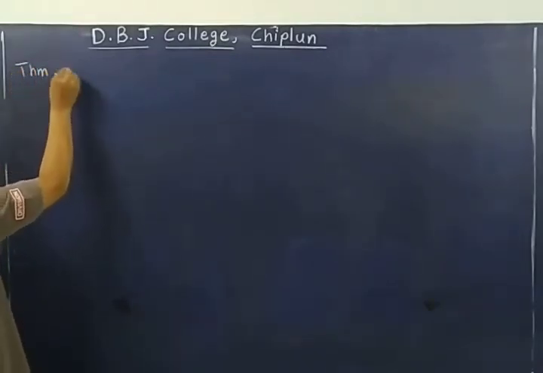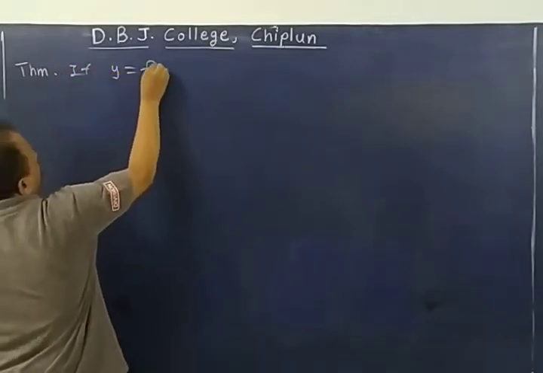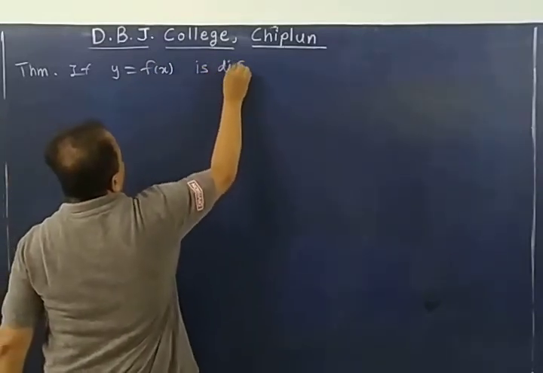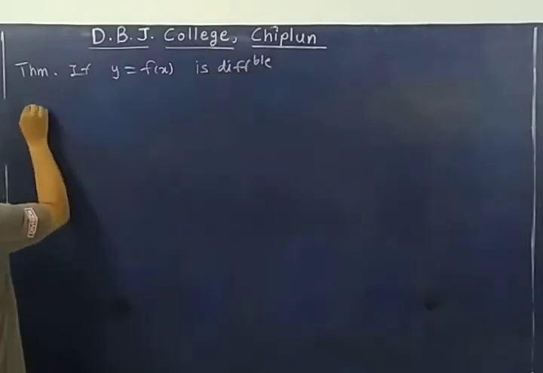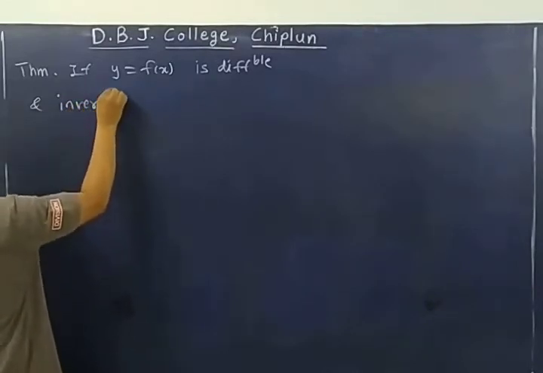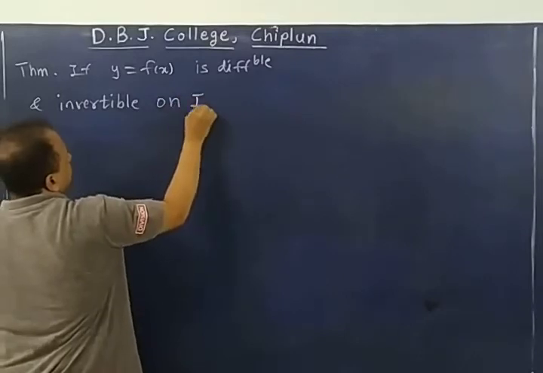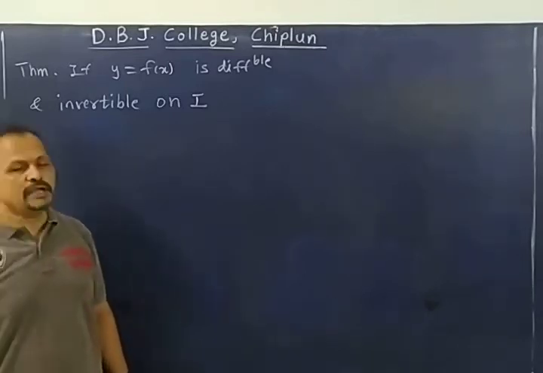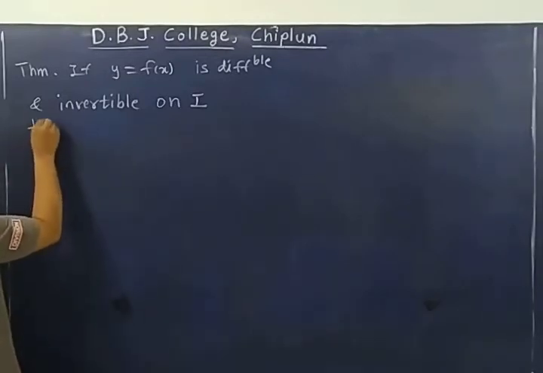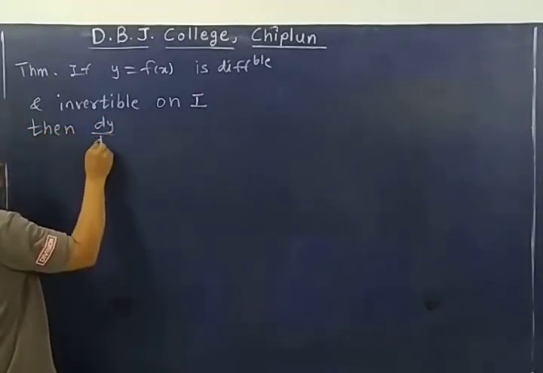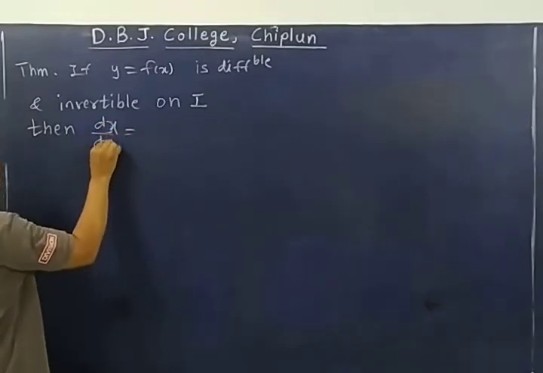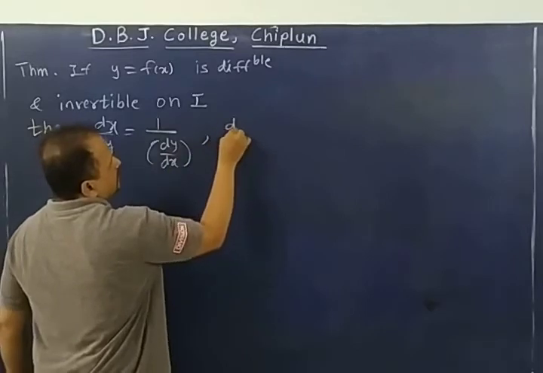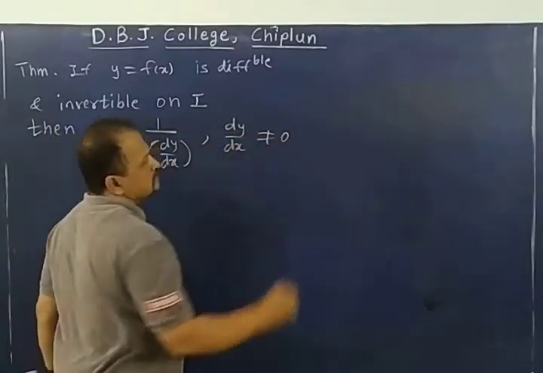Theorem: if y equal to f(x) is differentiable and invertible on some interval, say I, then dx by dy is equal to 1 upon dy by dx, provided dy by dx is not equal to 0.